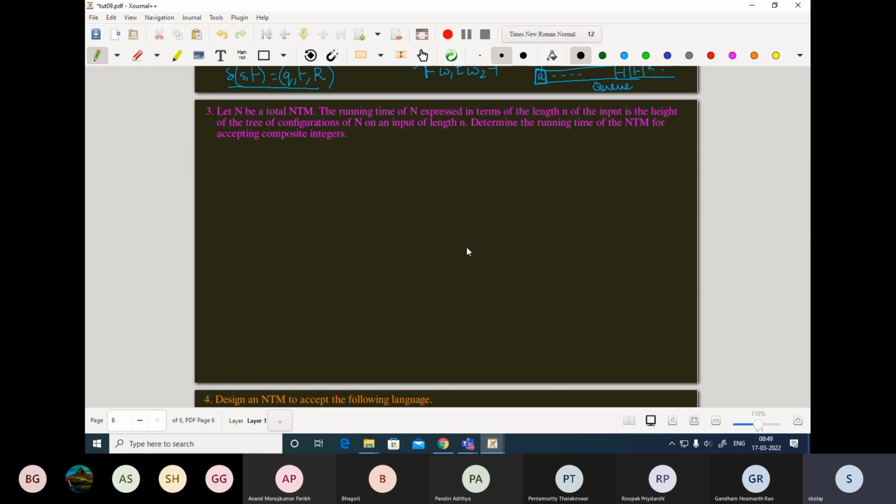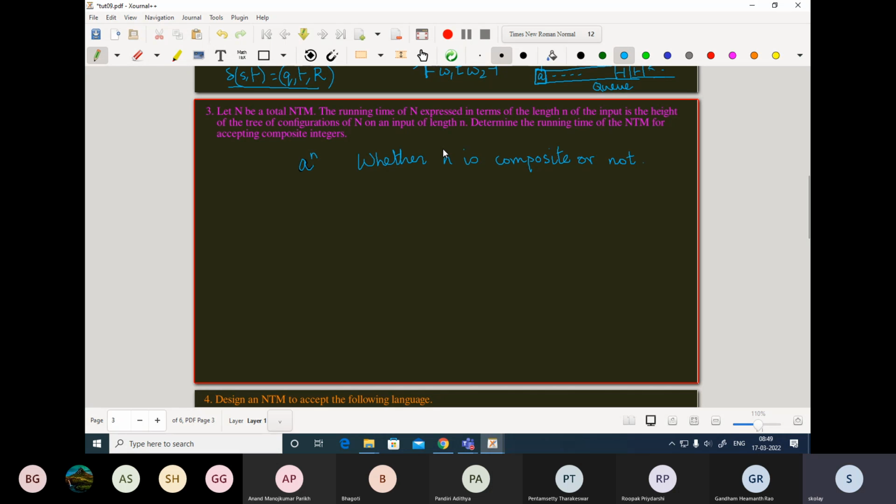Okay, so we saw the non-deterministic Turing machine for testing compositeness. So if I give you a to the n, and I want you to check whether n is composite or not. We had the test, right?